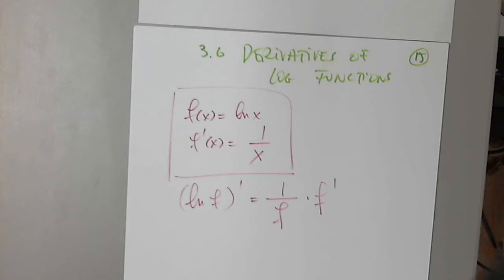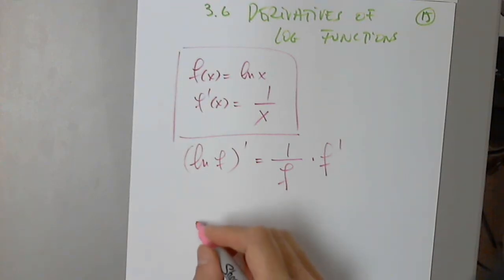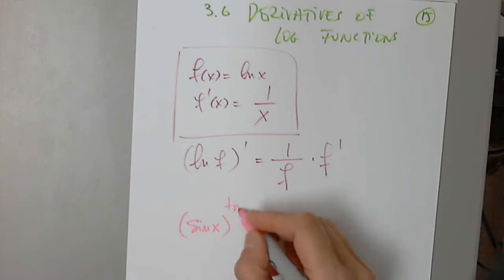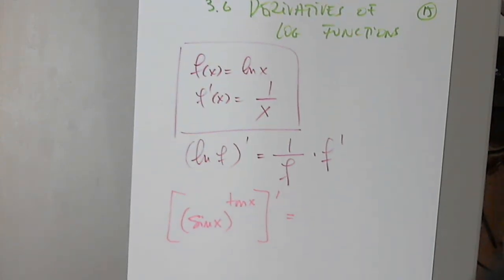What is a mechanism that is extremely important here is when I want to differentiate a function, let's say sine x raised to tangent x. We'll have examples with log in a minute. I just want to emphasize this for a second. This is a major topic, by the way. I haven't told you what it is yet. I will in a second.